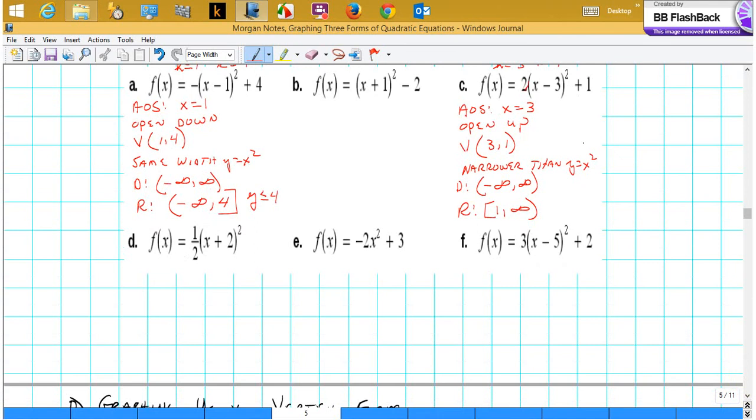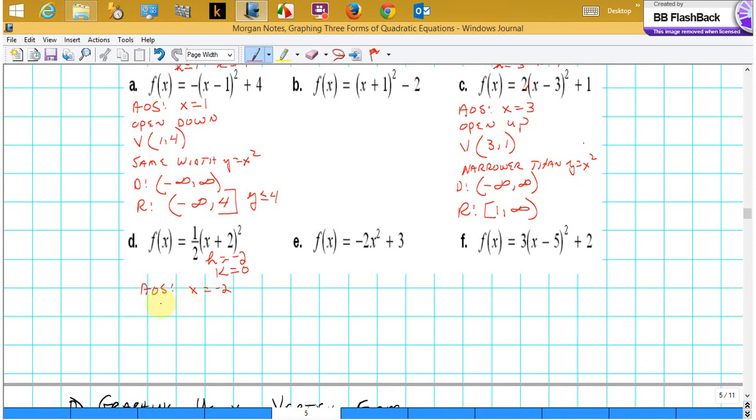Okay, next one. Let's do this one here. For this one, h is a negative 2, right? k is 0. So the axis of symmetry is at x equal to negative 2.